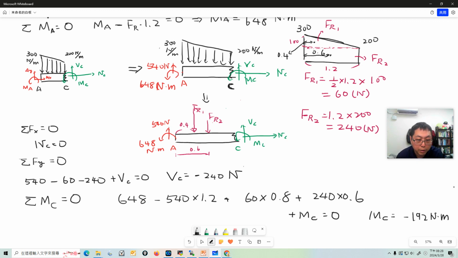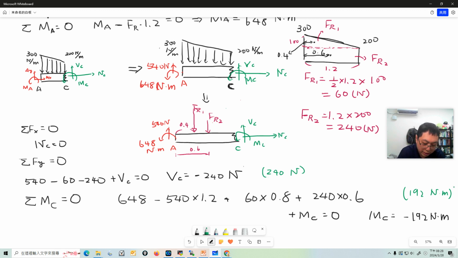In the previous video, if we use the CB section, what answer did we have? In the previous video, the answer we had is 240 Newton, and here it is 190 Newton times meter. So you will see if we use the AC section to calculate the internal force reaction at this C point, the magnitude is the same, but we have a reverse sign.